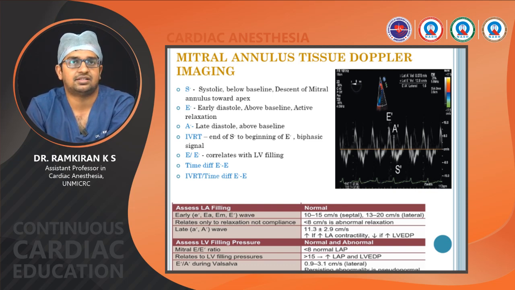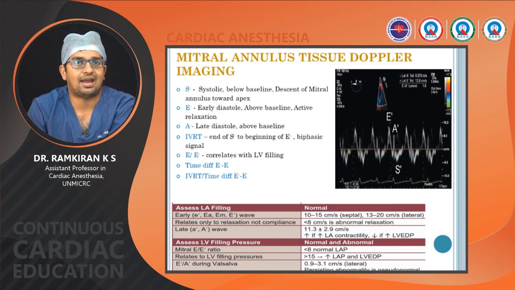A prime is in late diastole, and the isovolumetric relaxation time, as we discussed, is between the S prime and E prime. Apart from that, there are some derived parameters which help in grading diastolic dysfunction, that is E by E prime, which is a better predictor and always correlates with LV filling, and even the time difference between E prime and E.